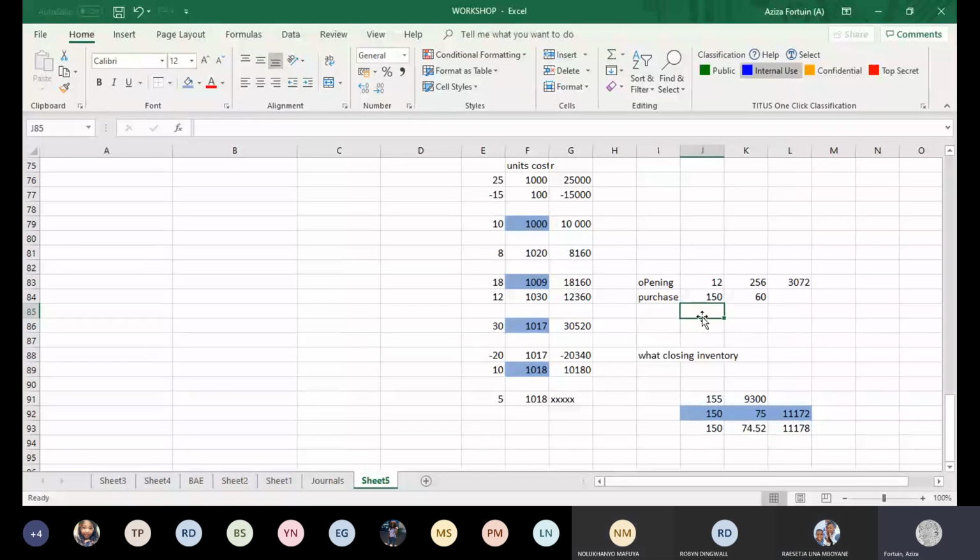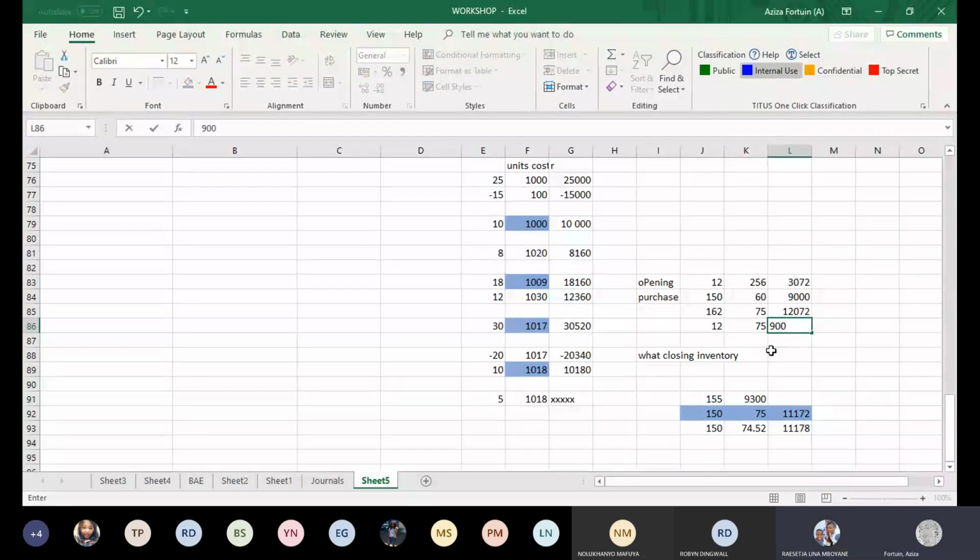So that is 162 units. Right? What do we put here? 150 times the 60? The 9,000. Okay. And then that was the 70. Let's make it 75. Then I said we sold 12 units, right, at 75. 12 times 75 is 900.